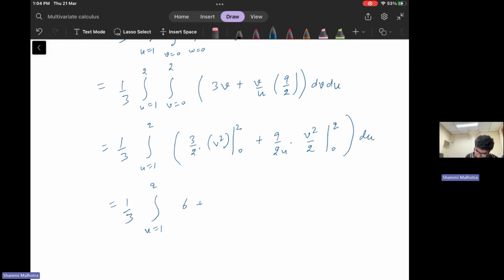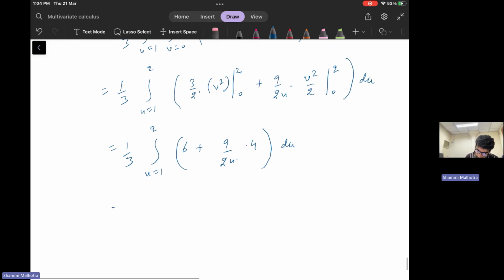So it's 6 plus 9 by 2 into 4 again, du. So I can take 3 common. So u from 1 to 2, 2 plus 3 times 2, it will be 6 by u, du.